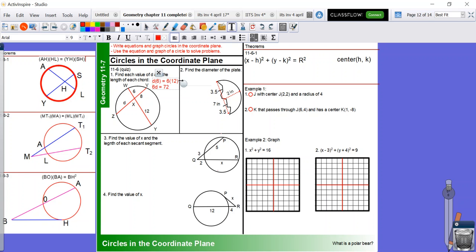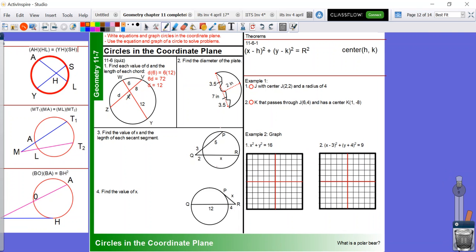When I divide both sides by 6, I get D is equal to 12. So we know that this segment here is 12, which would make ZV 20. And obviously WY is 18.